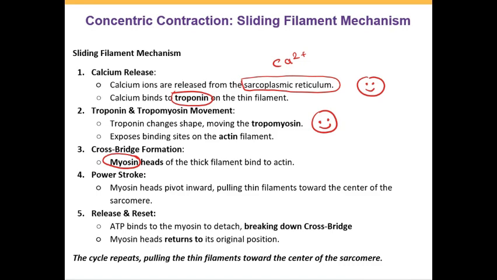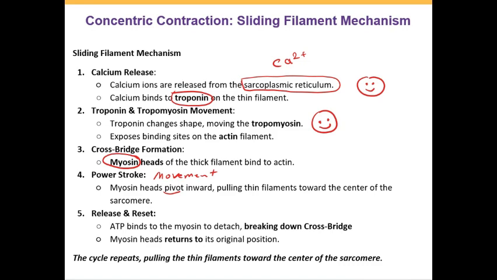Now the myosin heads are super happy and super excited, they can rotate inward and pull the thin filament toward the center of the sarcomere. We call this movement the power stroke. So power stroke is the movement of the myosin head toward the center, pulling the thin filament toward the center of the sarcomere.